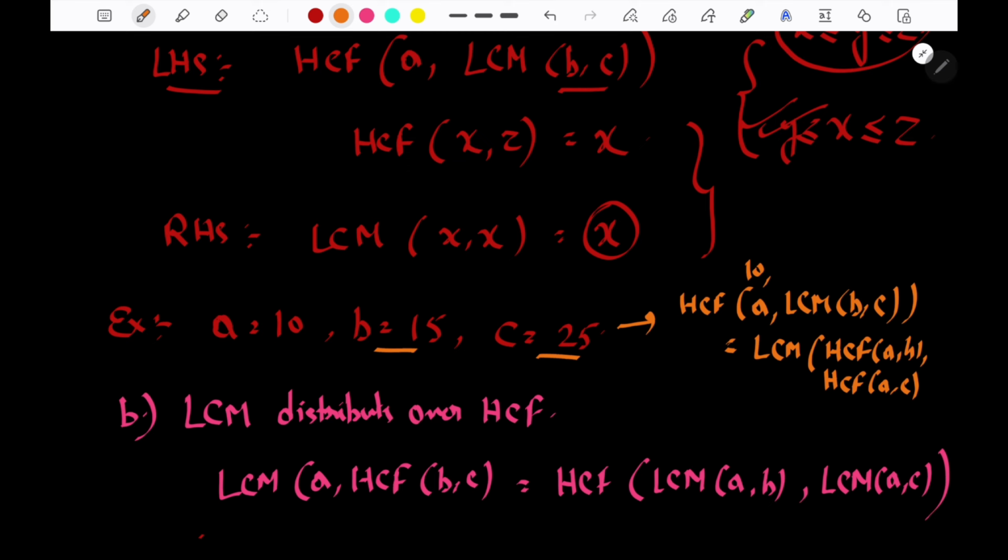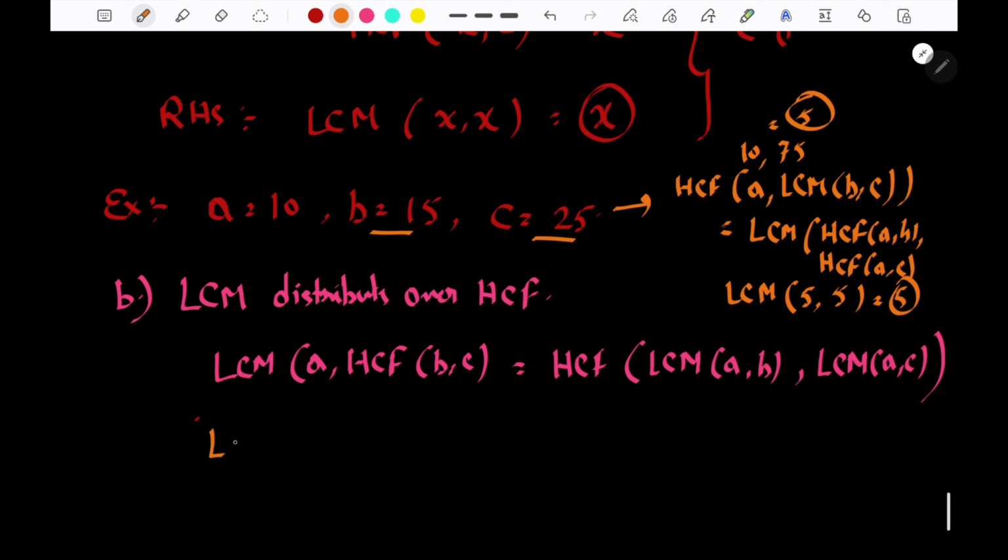What is the LCM of 15 and 25? It's 75. What is the HCF of 10 and 75? It will be 5 itself. And the LCM side: HCF of A comma B is 5, and HCF of A comma C is again 5. So the answer is 5 itself. So these two are true.